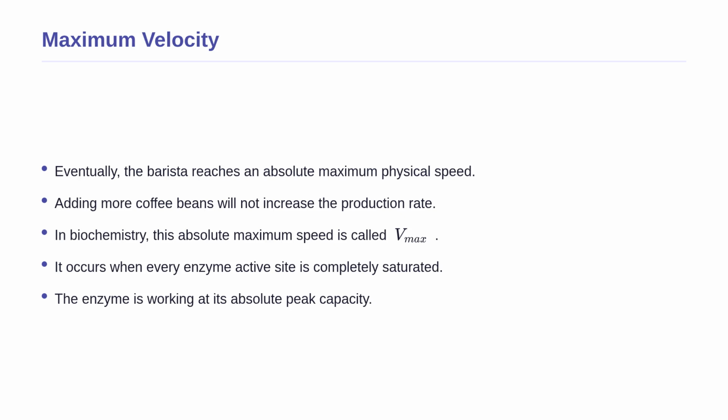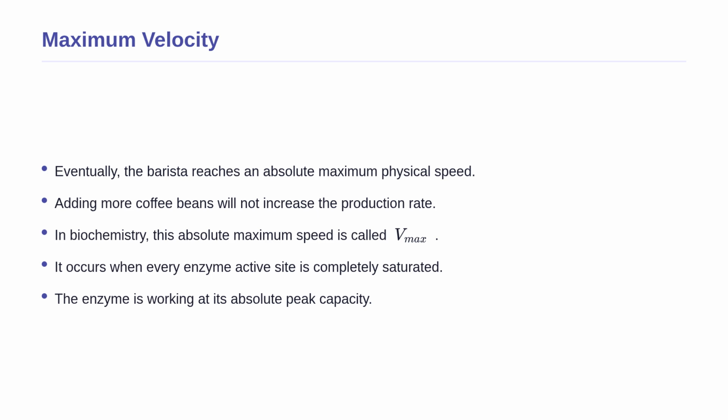Building on our coffee shop analogy, there comes a point where our barista reaches their absolute maximum physical speed. Even if you dump a mountain of coffee beans on the counter, they simply cannot make coffee any faster. In biochemistry, this absolute maximum speed is what we call Vmax, or maximum velocity.